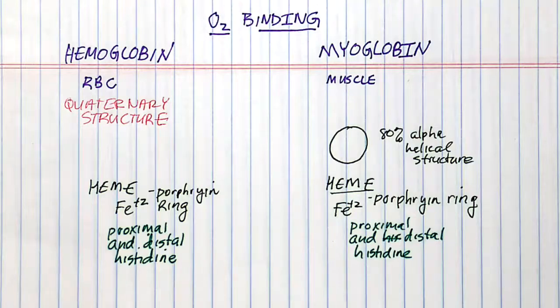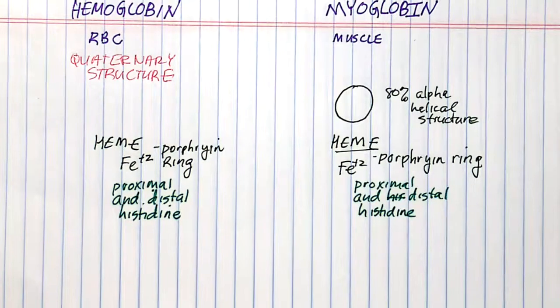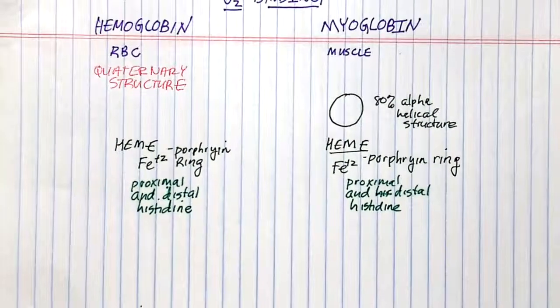If it's important, it tends to get conserved all throughout the domains of life. So that histidine, the proximal and distal histidine, as well as some other amino acids that are important in coordinating that oxygen to the iron, they get conserved throughout all domains of life. All right.